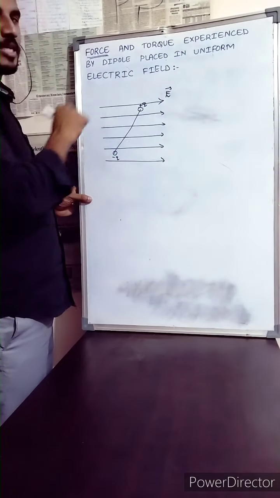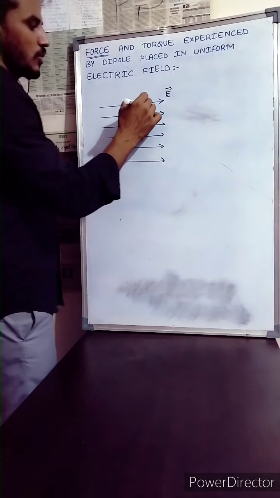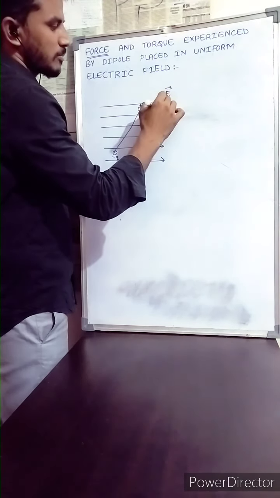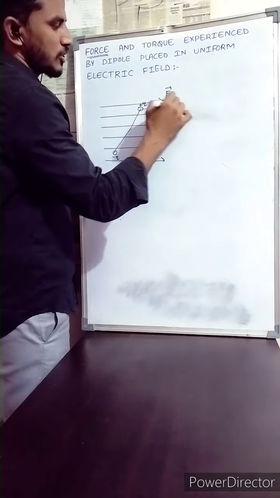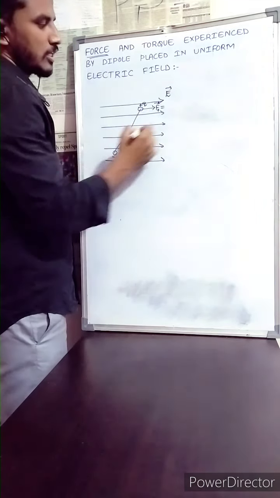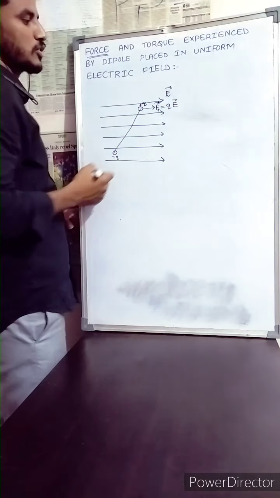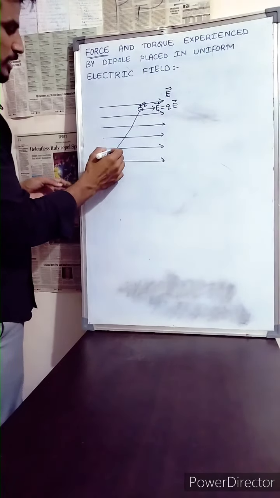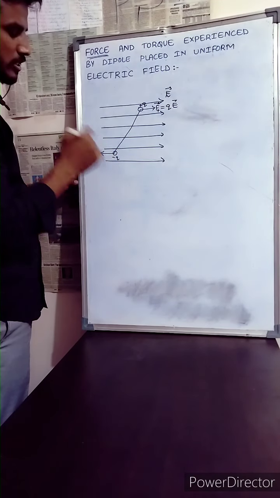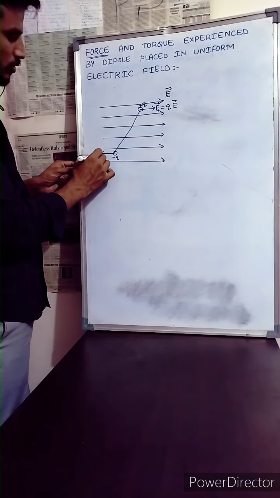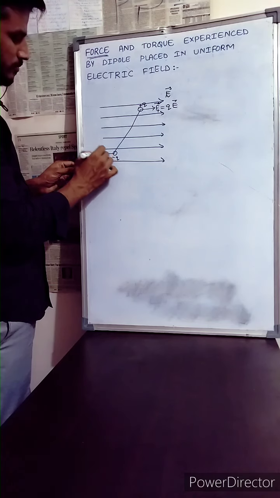Now the force experienced by this charge will be along the electric field, that is given by F plus is equal to, in vector form, qE vector. F is equal to qE. And the force experienced by this negative charge is given by F minus is equal to minus qE.